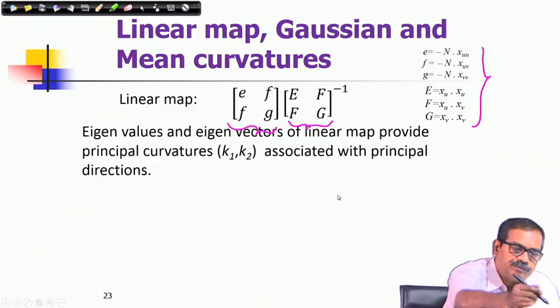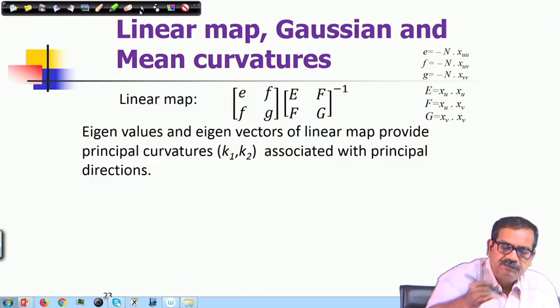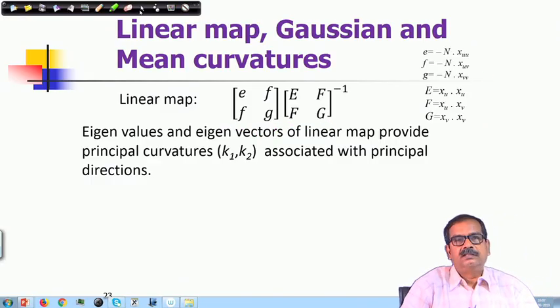So, in the linear map, the eigenvalues and eigenvectors provide the principal curvatures and also the principal directions corresponding to those principal curvatures. So, these are interesting, and we can say that one of them would be the dominant curvature whose value is greater, but note that there is sign involved.